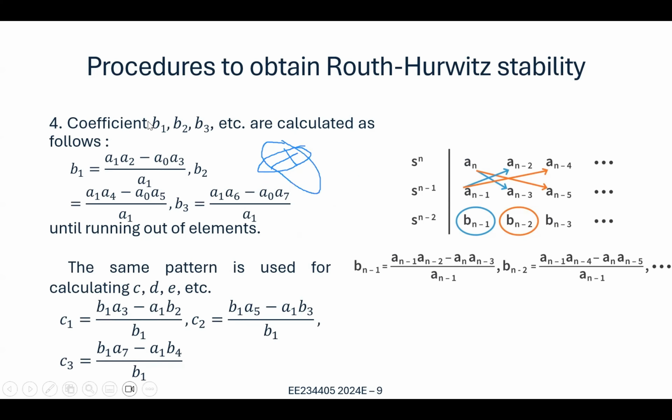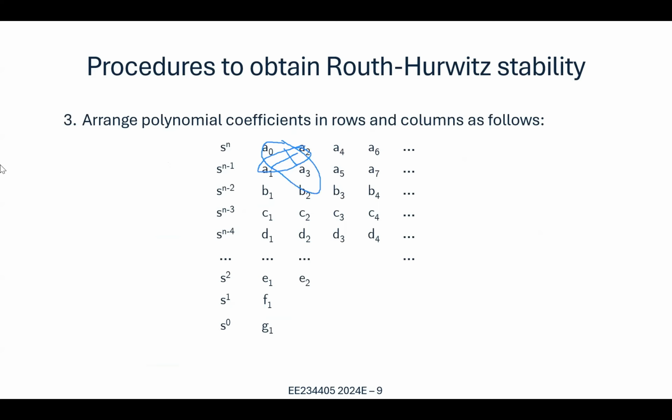And for B2, we now look at the pivot. We think of this leftmost column here as the pivot, and we base our multiplication on this leftmost column.